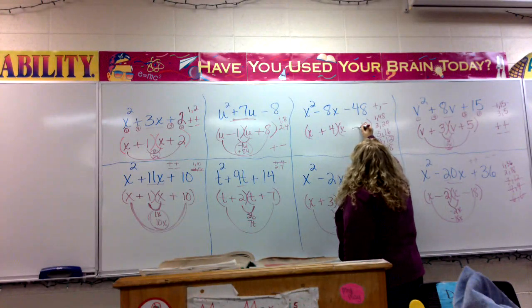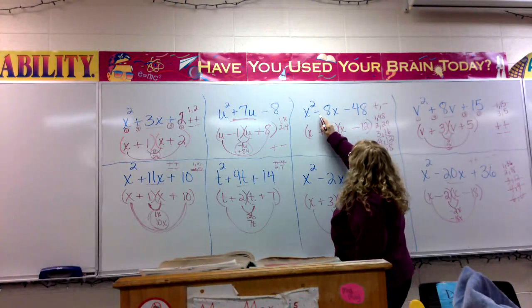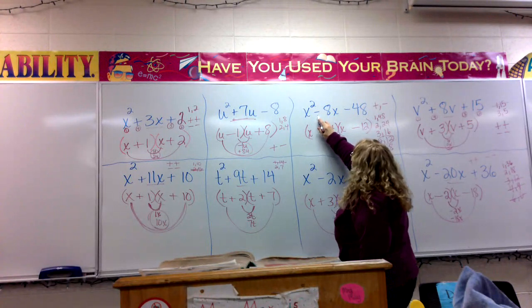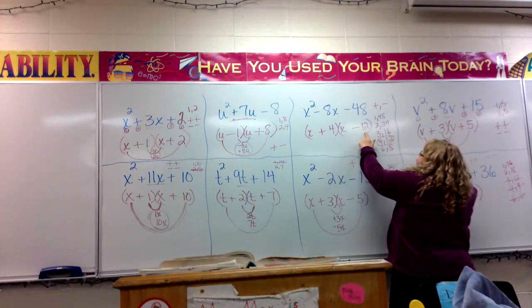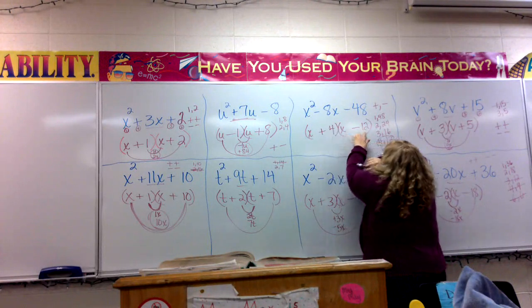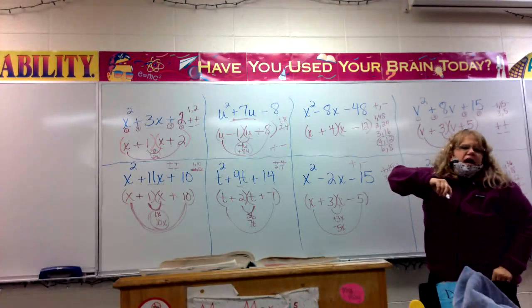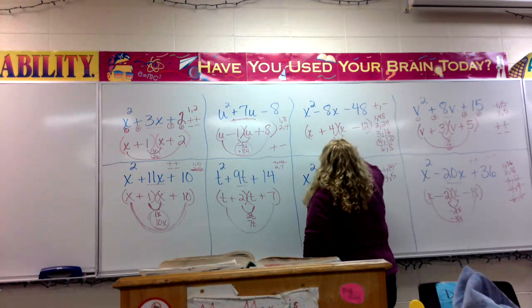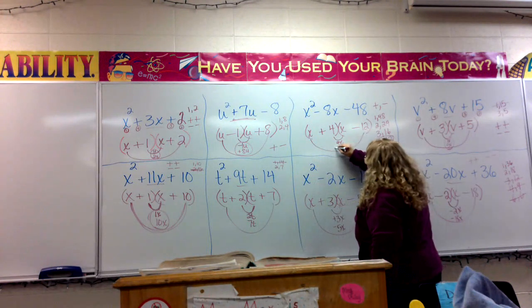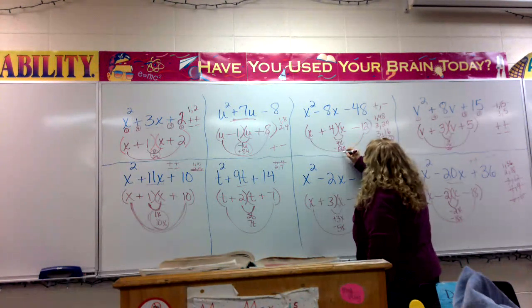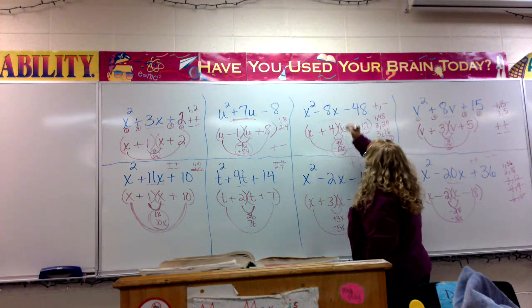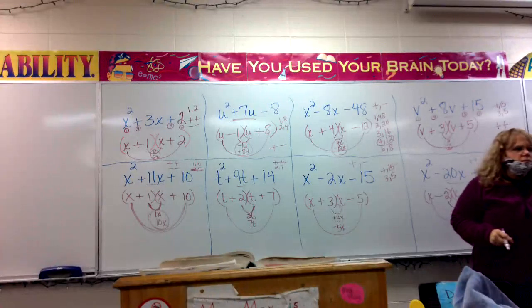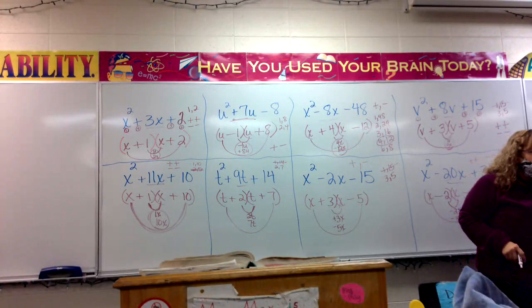And the minus, because the bigger one gets what's in the middle. 12 is bigger, so it gets the negative. Inside, outside, double check. What do you get? 4x. What do you get? And if you combine those, you better get what's in the middle. Does that make sense?